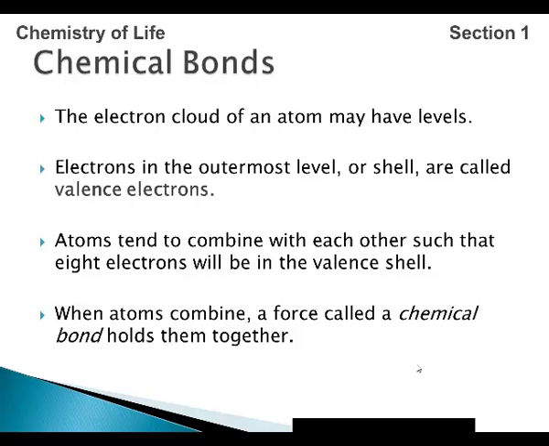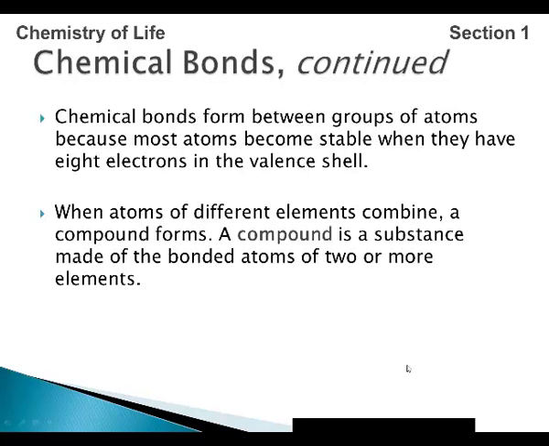In that case it causes them to be stable. When atoms combine, a force called a chemical bond holds those atoms together. Chemical bonds form between groups of atoms, because most atoms become stable when they have 8 electrons in the outer shell, in that valence shell, as I previously mentioned.